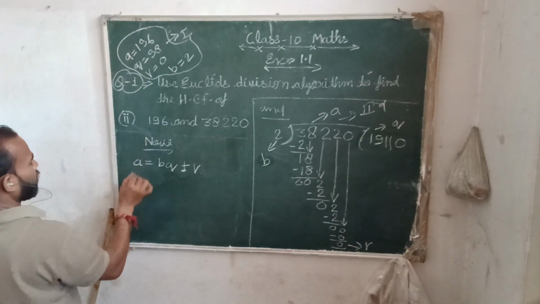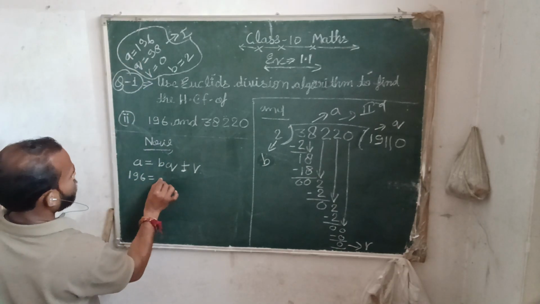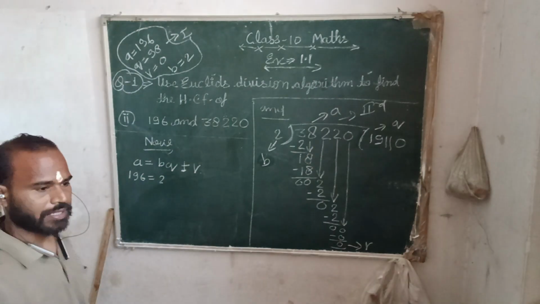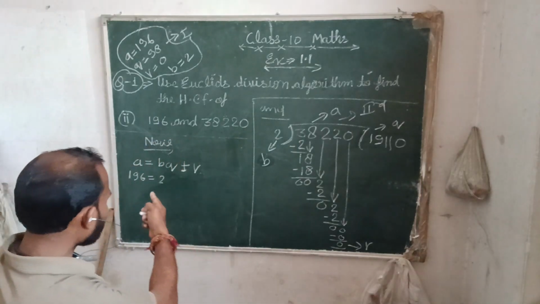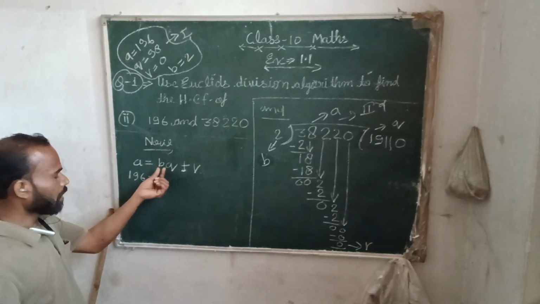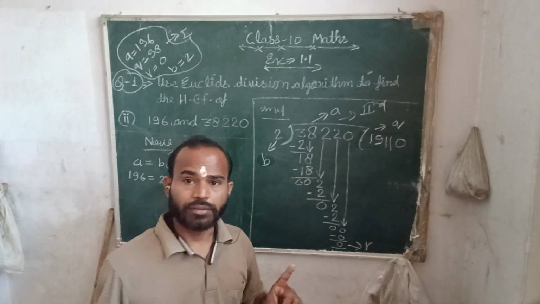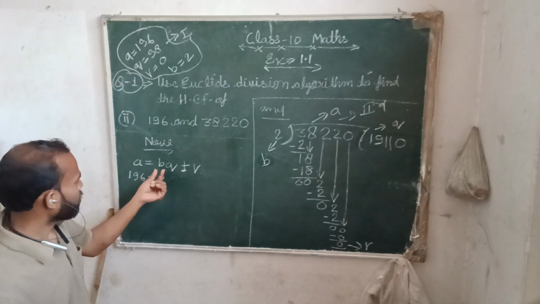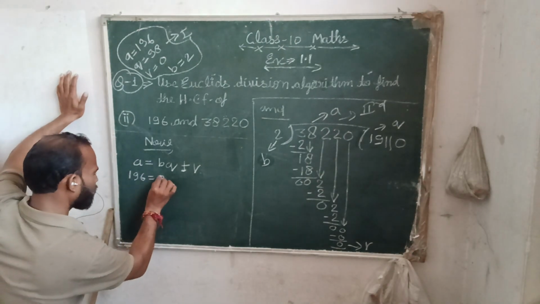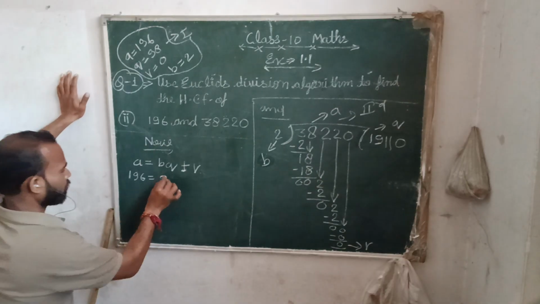A is 196 and B is 2. The relation between B and Q is multiplication.